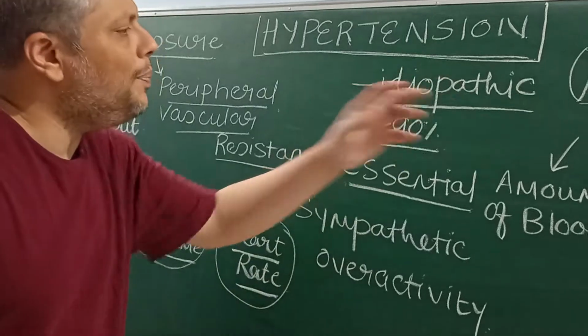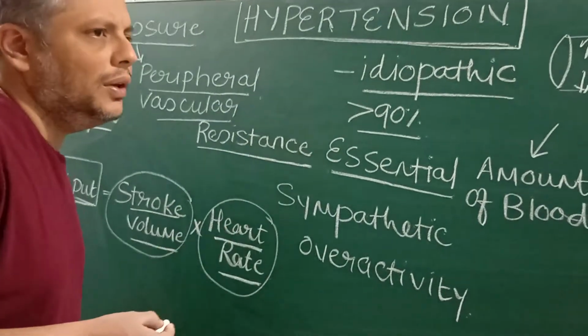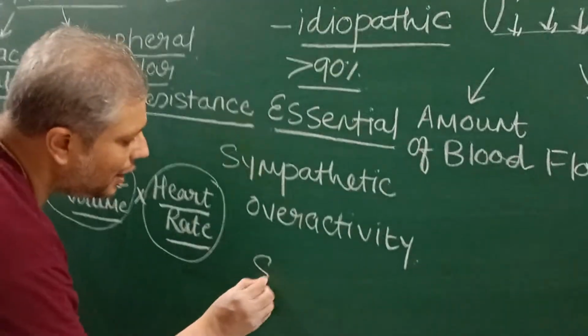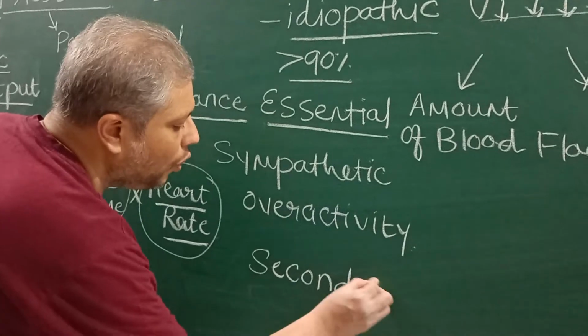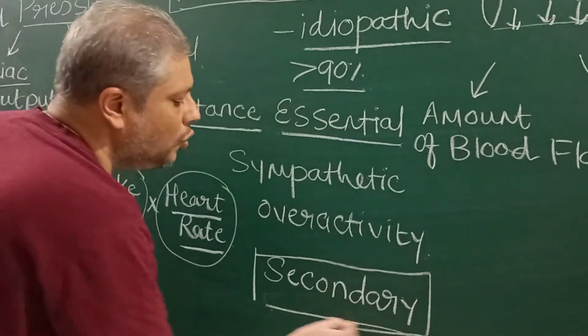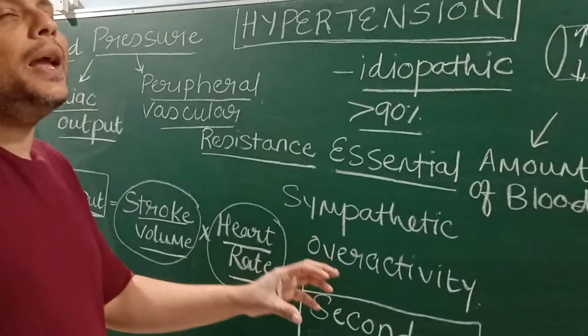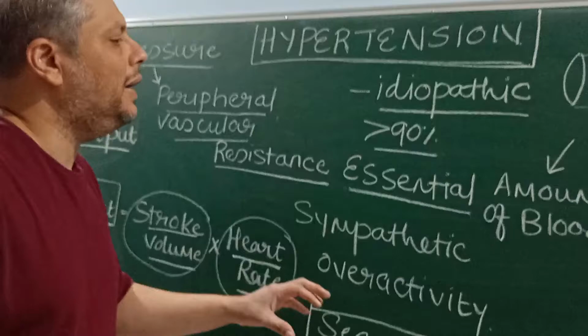Okay. In 10% of the cases, you will find some cause, and that is known as secondary hypertension, where there is a renal cause or other endocrinological causes or a tumor. In that case, you have to find out the cause and treat it.